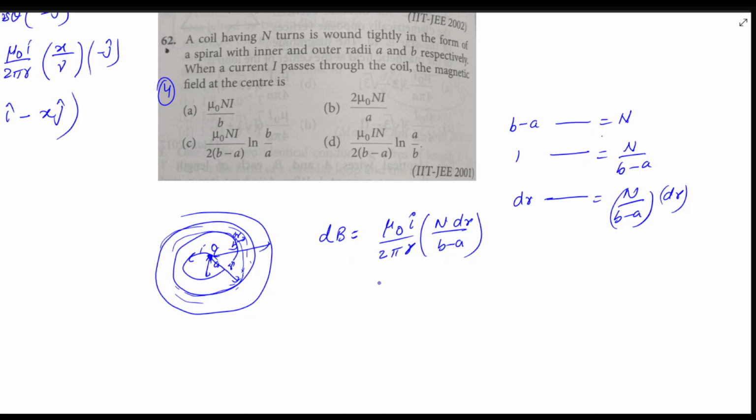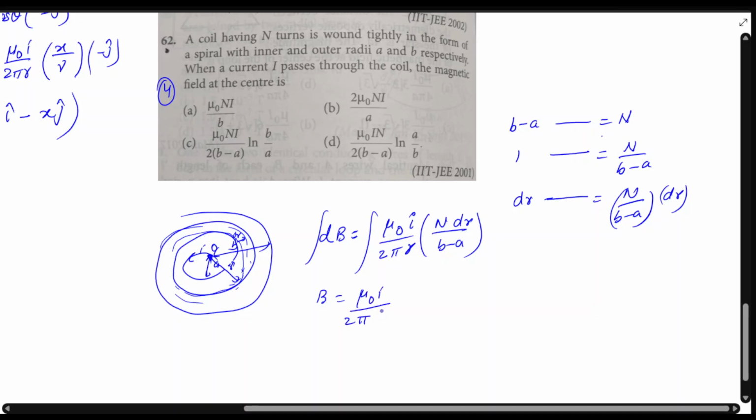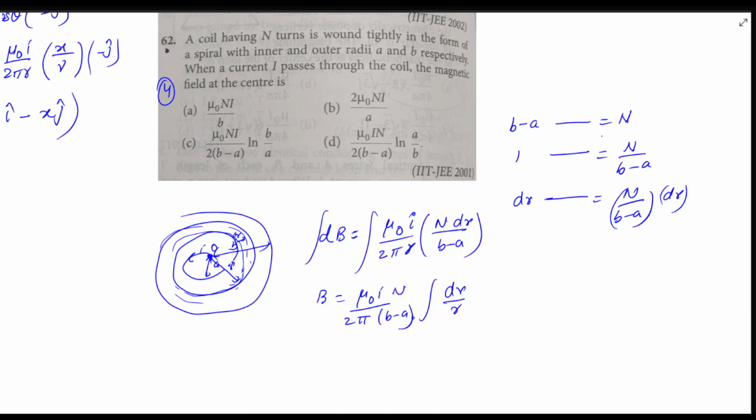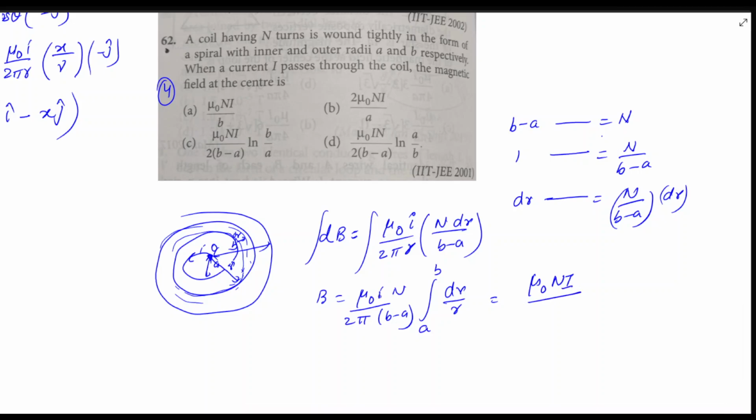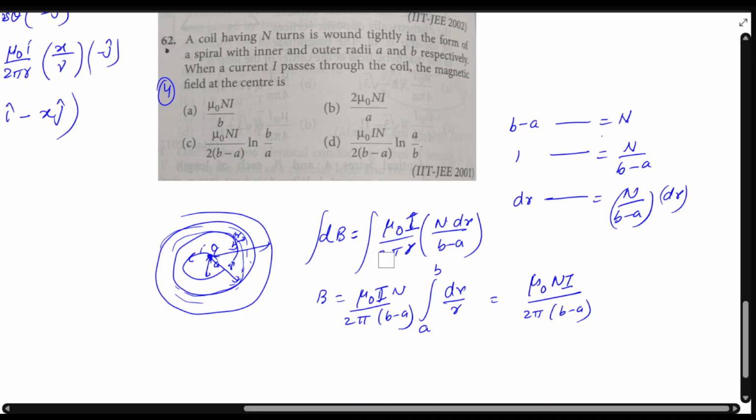The magnetic field will be very small, and we have to integrate. So B will come out to be mu naught I upon 2 pi B minus A, they are constants, integral dr by r. From where do we have to integrate? From A to B. So we'll simply get mu naught n I upon 2 pi B minus A, where this is capital I. Due to the loop, there will not be a pi.